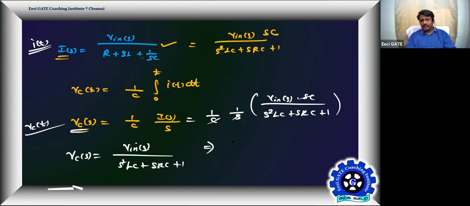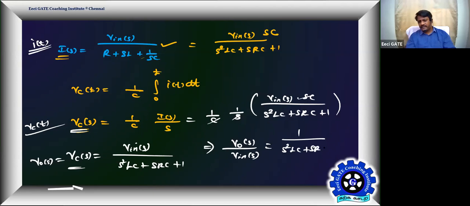From this, you can also say the transfer function connecting, let me call this Vo of S, the output voltage of the circuit. It's taken across the capacitor, so I'll take Vo of S by Vin of S as my transfer function, that is 1 by S square LC plus SRC plus 1. All of you getting this? Following?